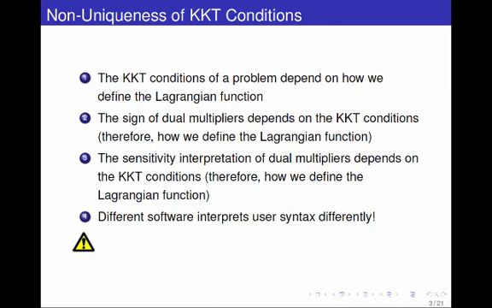So let's think of a minimization problem. What's the freedom that I have? We just define the Lagrangian as a weighted sum of the F0 and the constraints times their multipliers, but I never told you whether you're supposed to subtract or add these things.